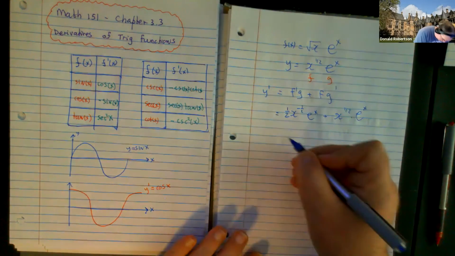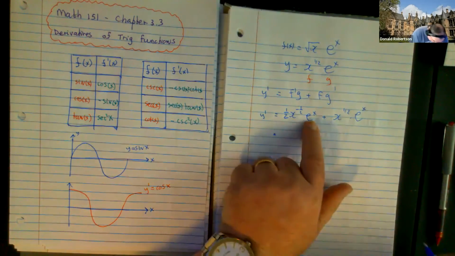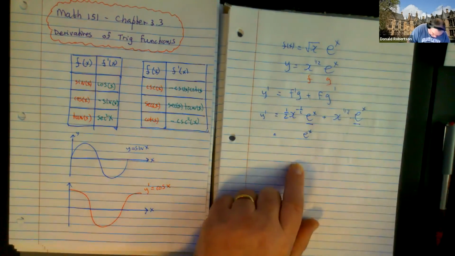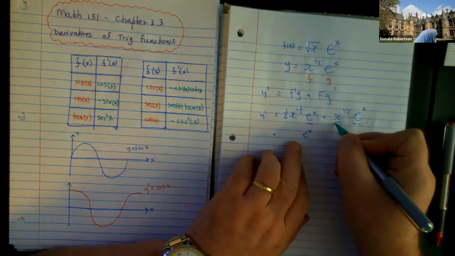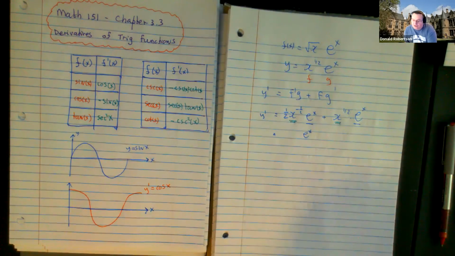And this is where style points kicks in. There is a common factor of e to the x. That's not a problem. What's the problem is that there are also an x to the power of somebody as a common factor. Now, you're probably quite comfortable when it's an x cubed and an x squared, right?